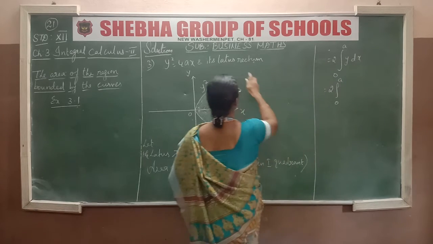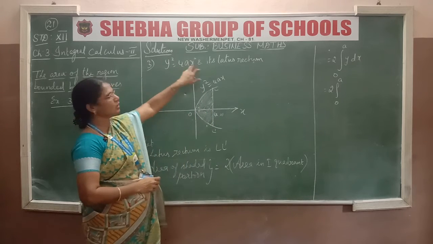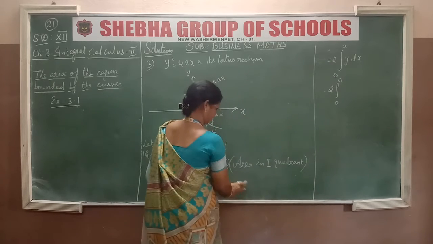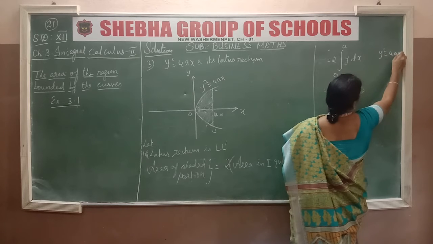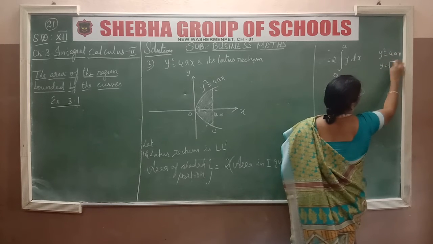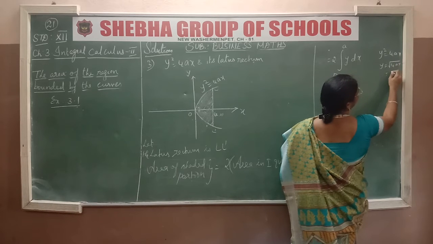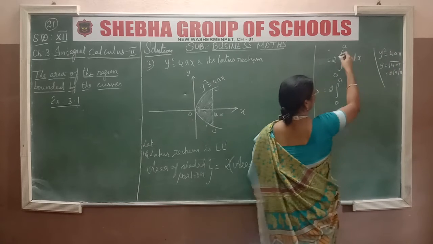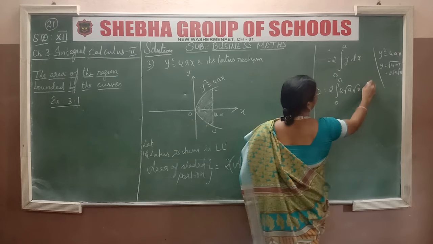Y is, listen, y square is 4ax, therefore y is equal to root of 4ax. So y square equal to 4ax and y equal to root of 4ax, that is what? 2 root a root x. So using here 2 into root a into root x into dx.